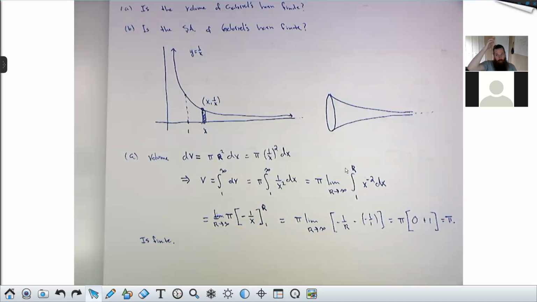What if you wanted to paint the outside? How much surface area does Gabriel's horn have?